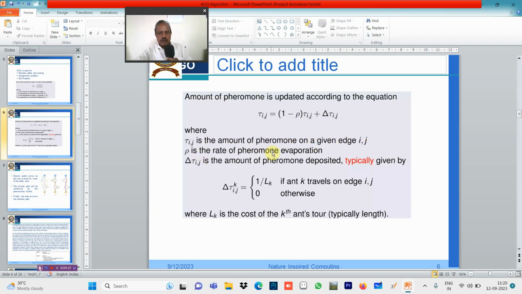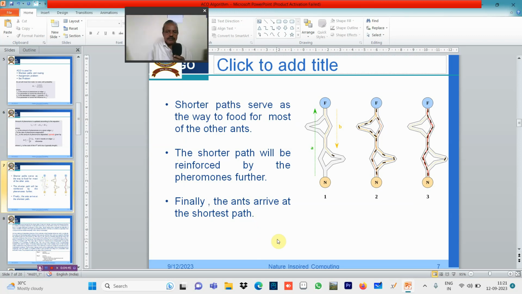Rho is the rate of pheromone evaporation, and delta tau_ij is the amount of pheromone deposited, typically given by delta tau_ij^k, which is 1 by L_k if ant k travels on edge ij, and otherwise 0. L_k is the cost of the kth ant's tour, typically the length. Okay, these equations are enough.